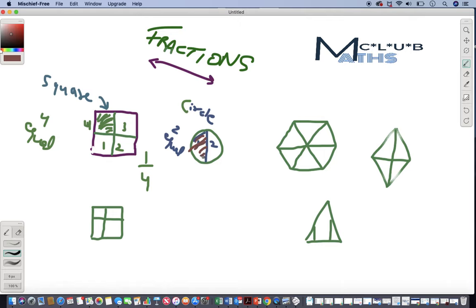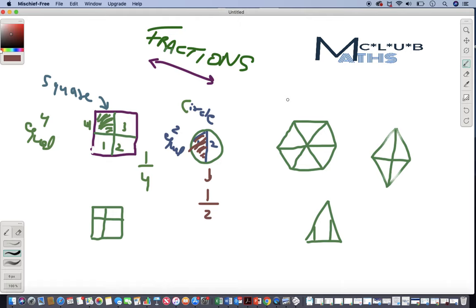So what will be your fraction here? Your fraction for this figure will be the total number of parts, 2, on the denominator, and on the numerator, your shaded part, which is 1. Pretty simple, right?